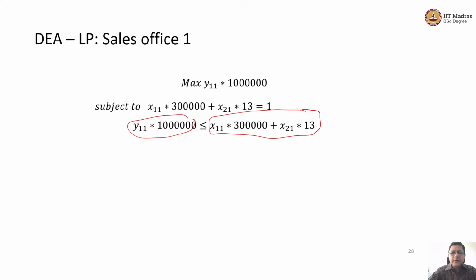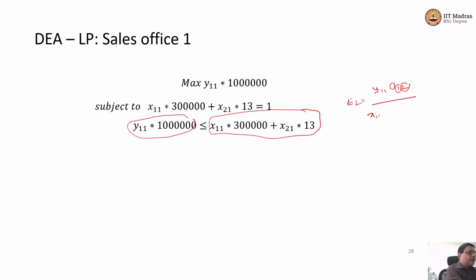Using very similar logic, the constraint E2. So what is E2 now? E2 is the efficiency of the second sales office calculated using the weights of the first sales office. So that is going to be Y11 and O12, where O12 is output number 1 for DMU number 2. That is going to be the numerator.